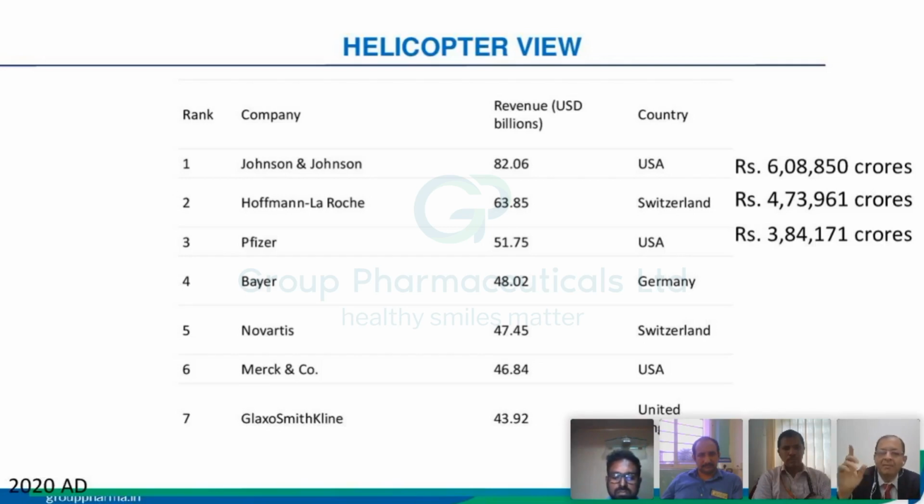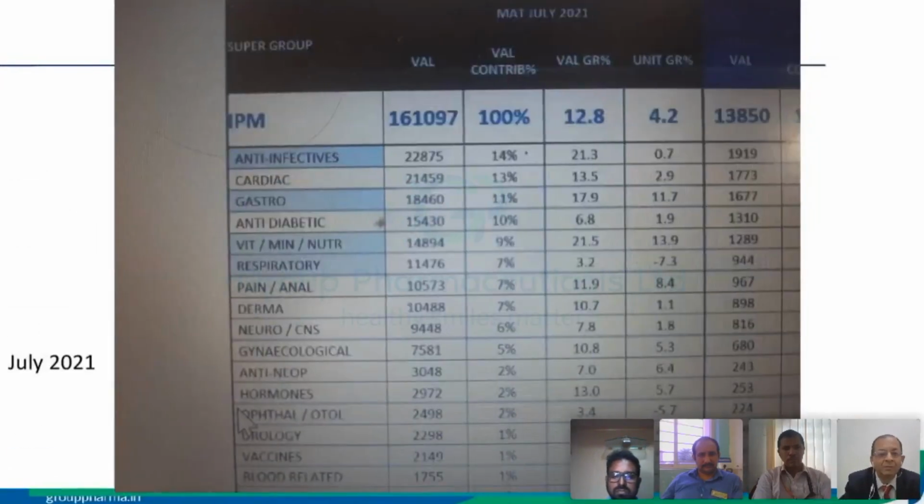One company having that much sales. And if you look at the Indian pharma industry, all companies put together, the sales value is 1,61,097 crores. That's all. So the largest company, Johnson & Johnson, has 6 lakh crores, and the entire Indian pharma market value is 1,61,000 crores.